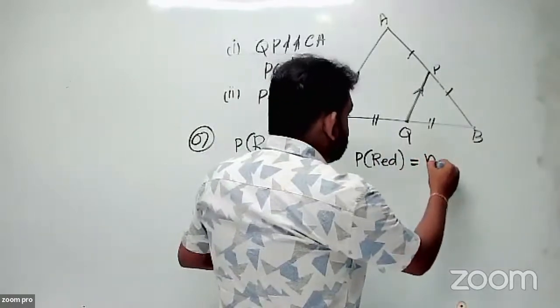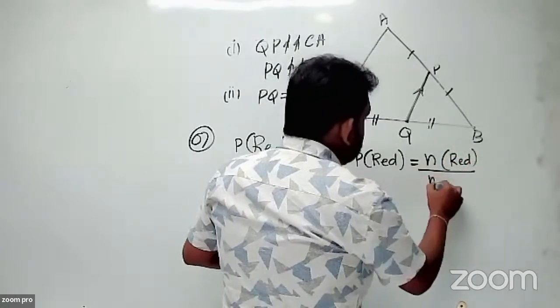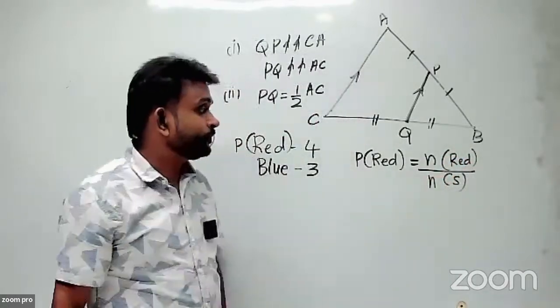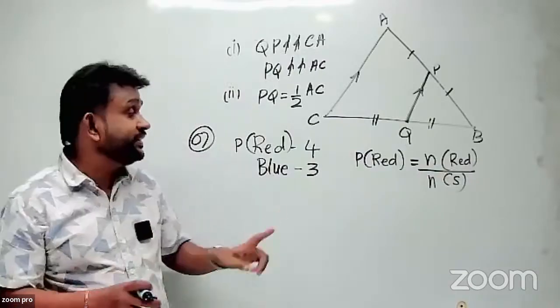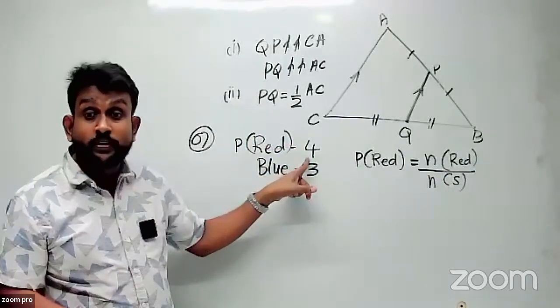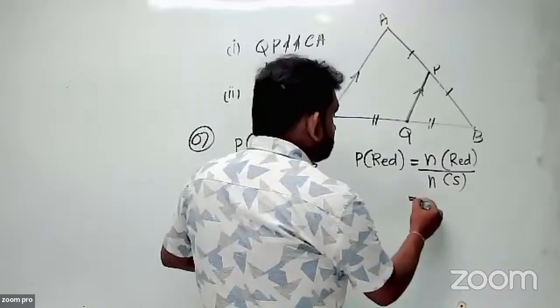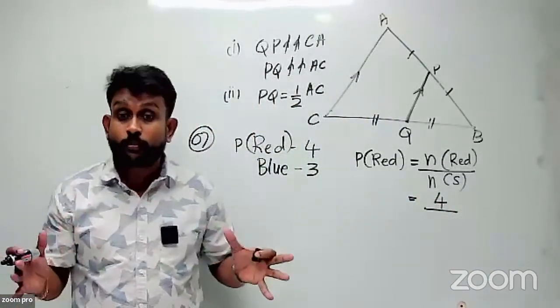what we call NR, divided by NS. How many occasions are there to have a red one? There are 4 instances. So divide by the sample space, meaning all the probable results.